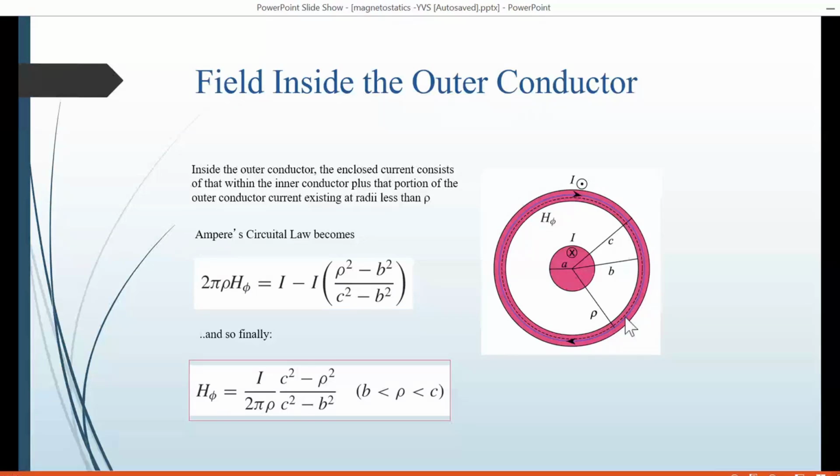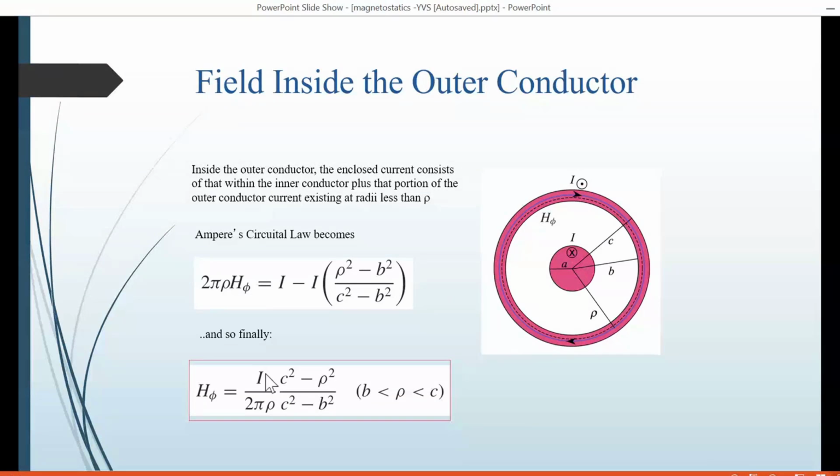The current enclosed is I minus I into (rho square minus b square) divided by (c square minus b square). Too many parameters are there. This is the new value of I, because already one I is present and part of the other is also present, so we have to consider both. That is equal to 2 pi r into H phi.